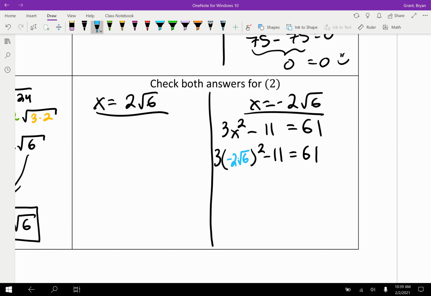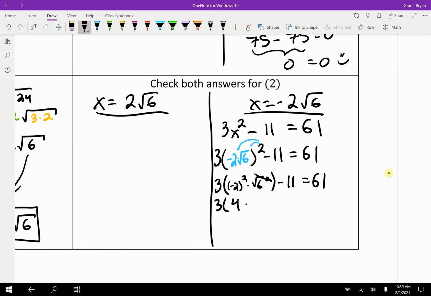Negative 2 is attached by multiplication though, so I think I'm allowed to distribute my square root. My square. That does not kill puppies. This is multiplication. We're good to go. So I have a 3 on the outside. This becomes negative 2 squared, and this becomes the square root of 6 squared. Simplifying, negative 2 squared, negative 2 times itself is 4.